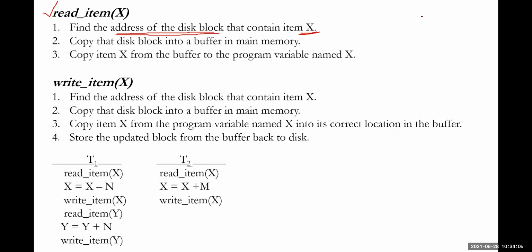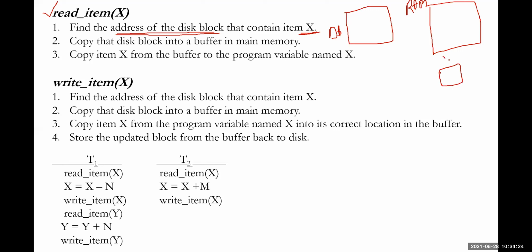Let us consider three different areas here. Let me say this is a disk block, let me write DB, and this is random access memory, RAM. Let me consider this is our actual element to be processed, that is X.